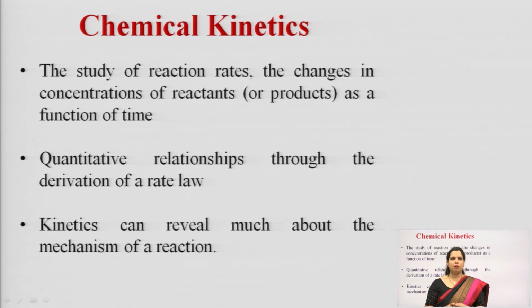Chemical kinetics or reaction rate studies are important to identify the concentration change, because while understanding the change in concentration, we are directly talking about the product formation at the end of the chemical reaction. These are quantitative relationships through derivation of a rate law. It also tells you about the mechanism of reaction.